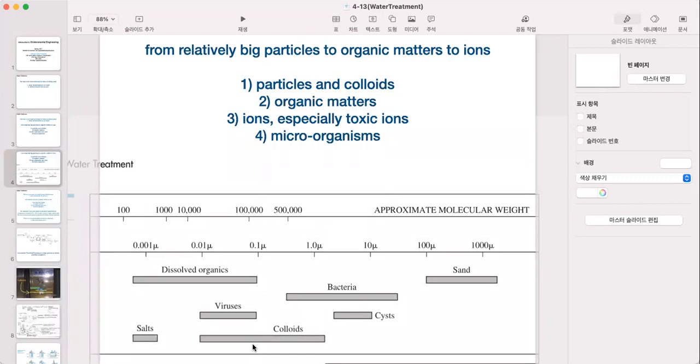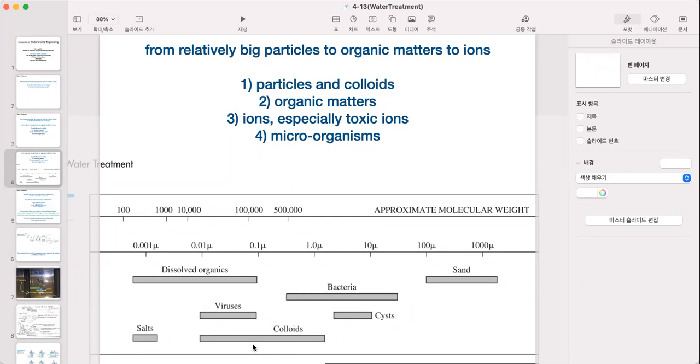But we have to make sure our treated water is safe enough to be drunk by the citizens. So what could be the confirmation step? What could be the compensation? Killing by disinfection, right? Disinfection.